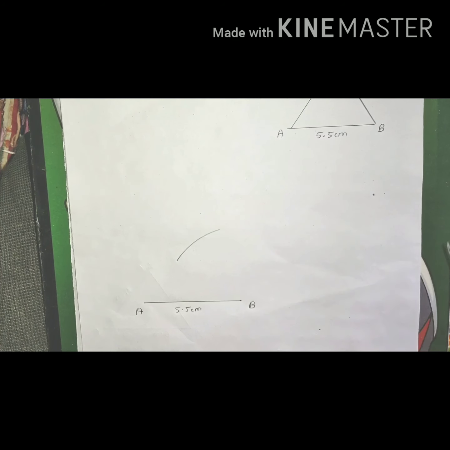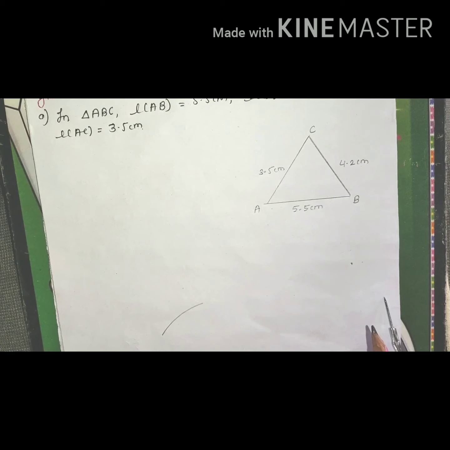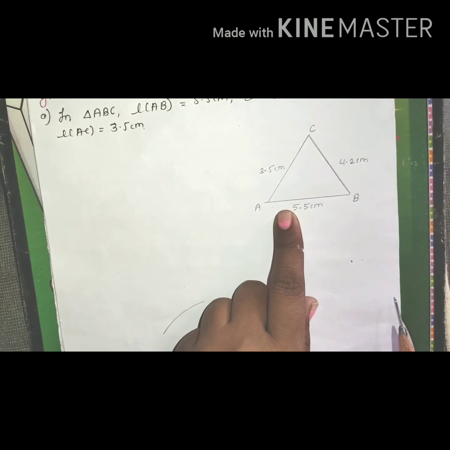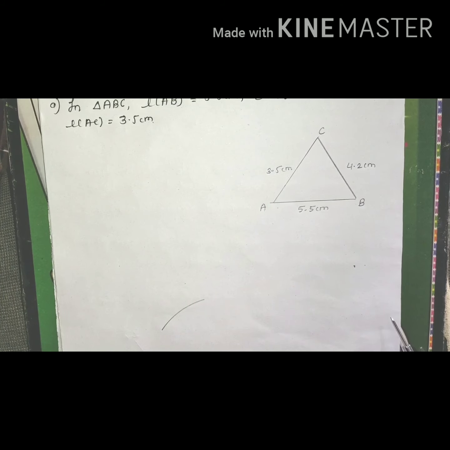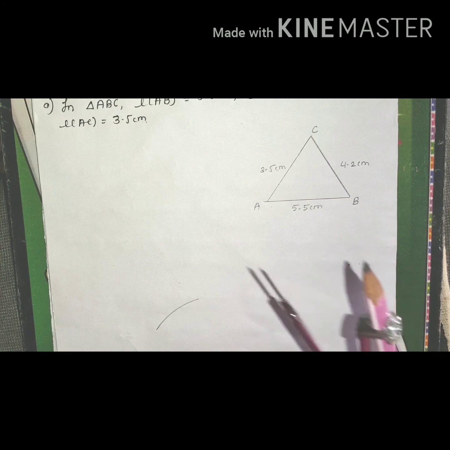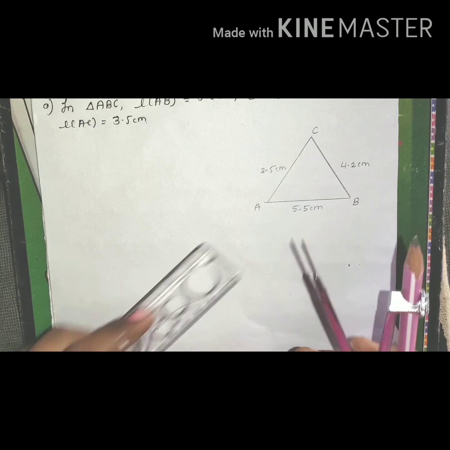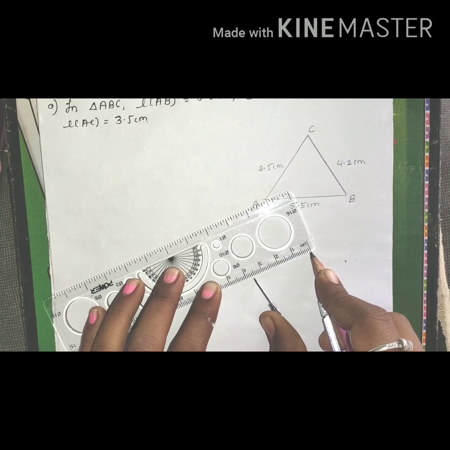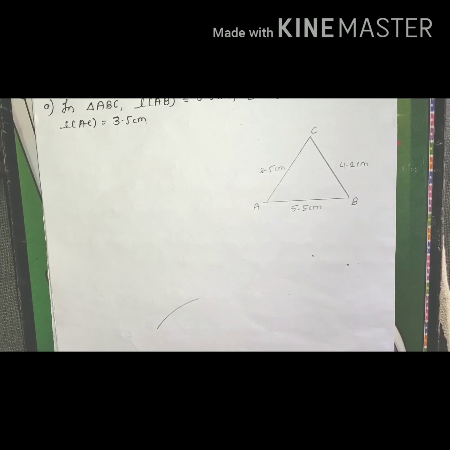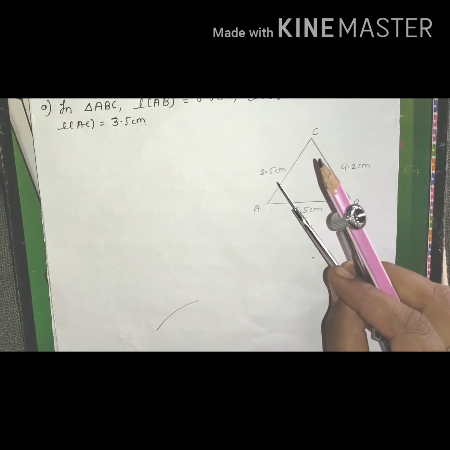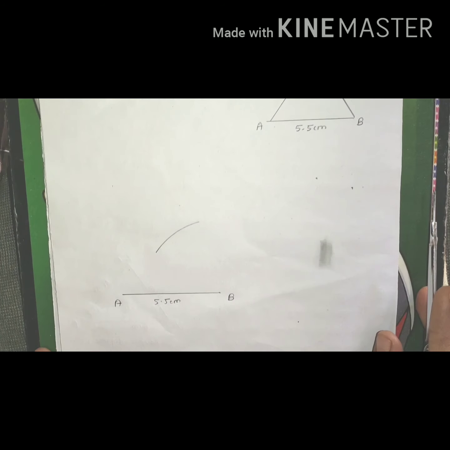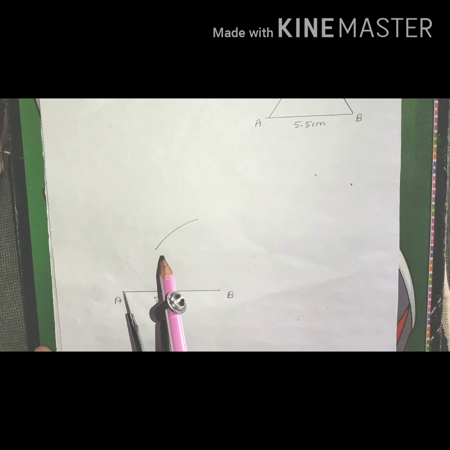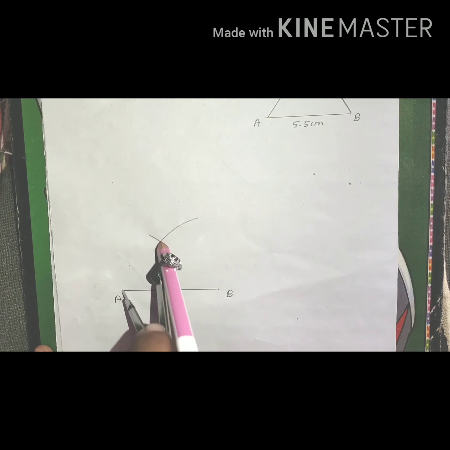Okay. Next, the third side is the side AC, which is of length 3.5 centimeter. Now in a compass, take a distance of 3.5 centimeter. Yes. Now, since the side AC is 3.5, keep the compass at point A and make an arc which is going to cut the first arc.